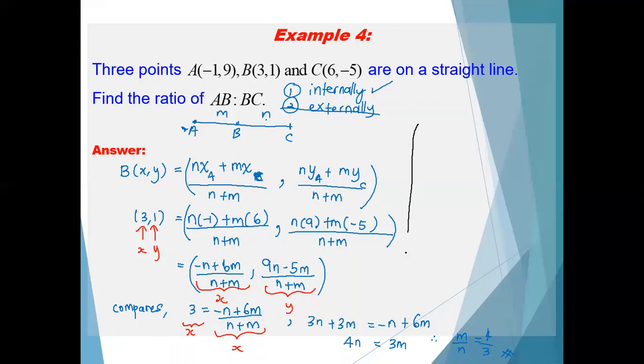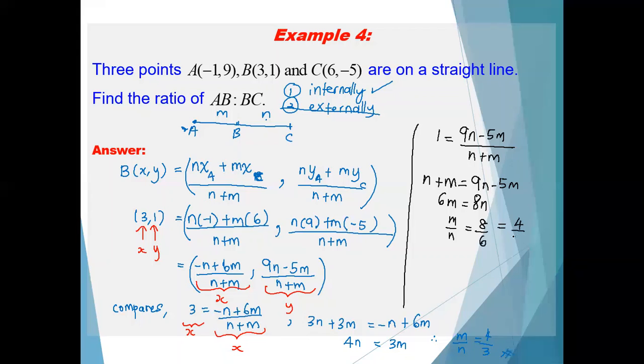Let's say we compare y: 1 is equal to (9N minus 5M) over N plus M. So N plus M is equal to 9N minus 5M, so here is 4M, here will be 8N, so M over N is equal to 8 over 6, which is 4 over 3.